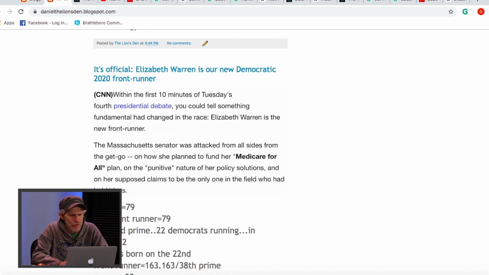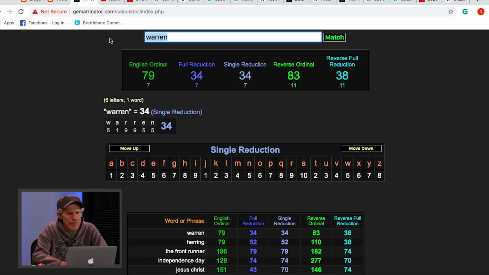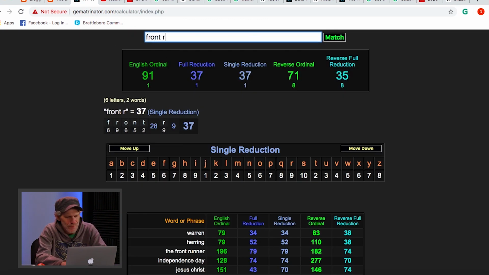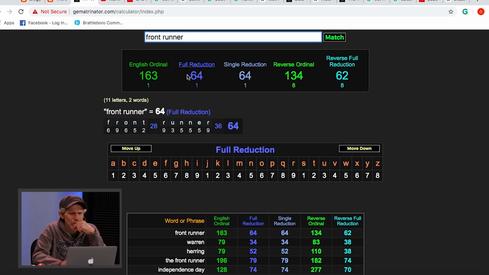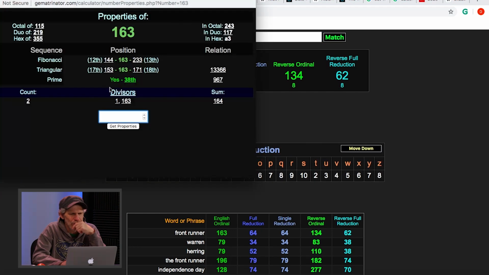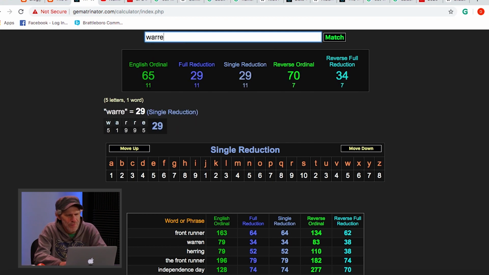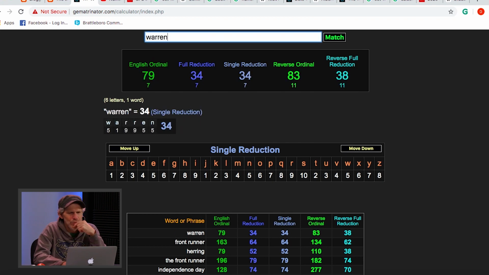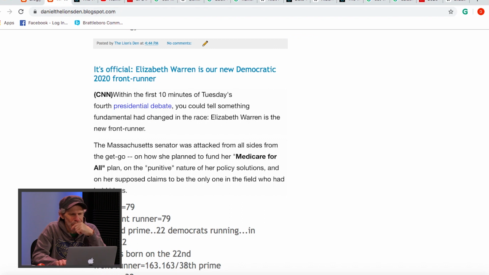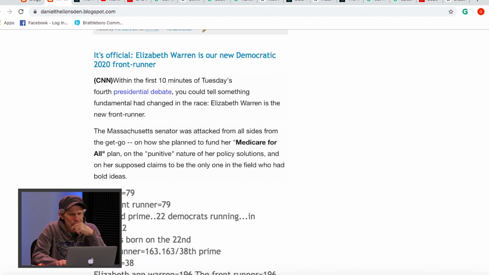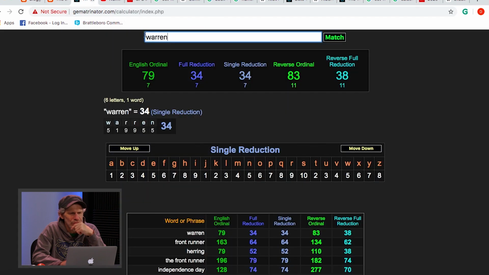So anyway, if you just write front runner equals 163. All right, she's the front runner. 163 is the 38th prime. Warren equals 38 right here. Look at that. See, front runner. So there's a link there. That's why she's the front runner. So also Elizabeth Ann Warren, her full name is 196.